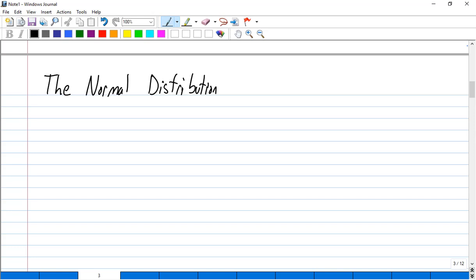And the 3 sigma rule was that 99.7% of all the data items will lie within 3 standard deviations of the mean. And when we were looking at that, remember we were looking at the bell-shaped curve. And the bell-shaped curve, we use that for normal distributions.